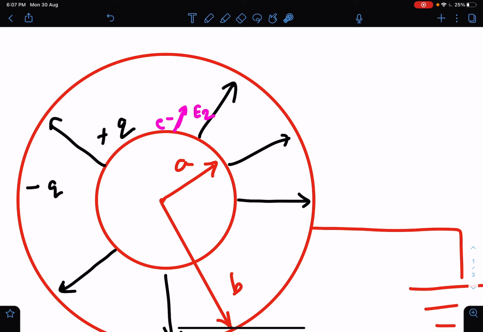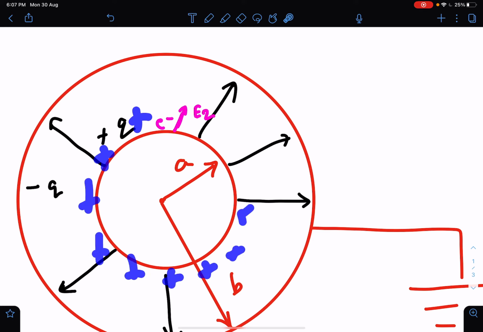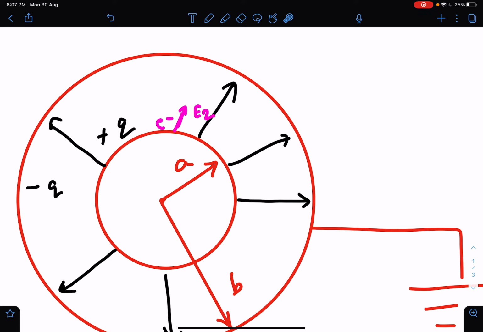A time will come when too much positive charge has come on the inner one, and too much negative charge has come on the outer one. So there is too much electric field and too much potential difference that even the fastest moving electron, which is ejected with kinetic energy E2, is also not capable of reaching the outer sphere.